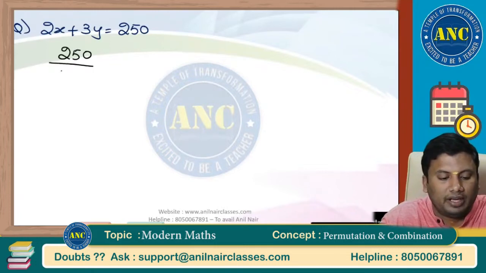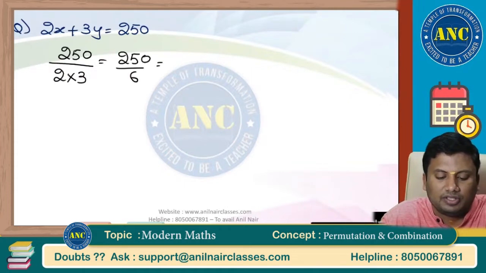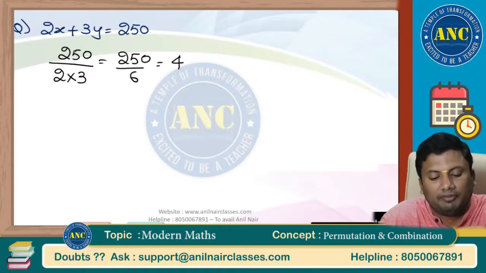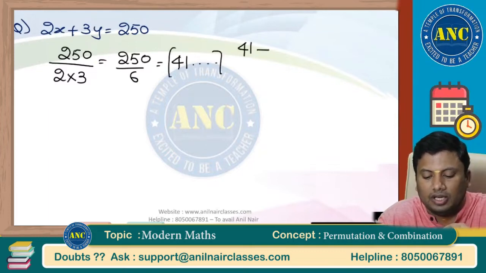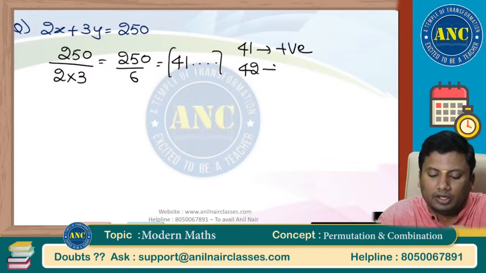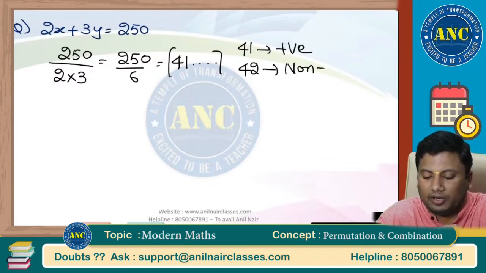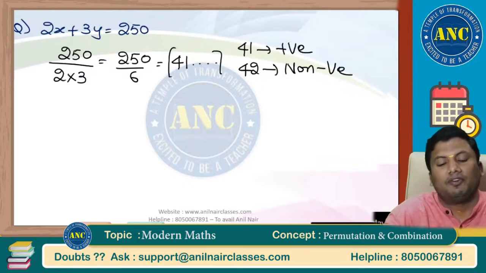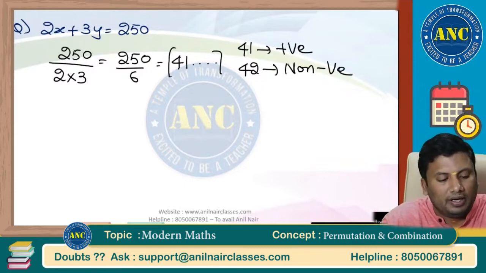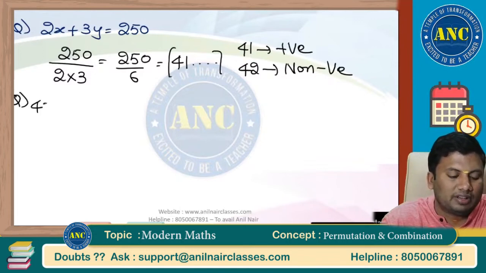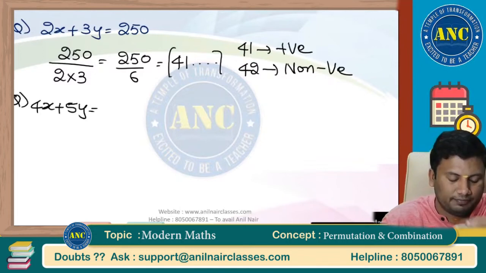So 250 by 6, which is nothing but 6 fours are 24, 41 point something. Ignore the decimal. So 41 will be positive. Add 1 to it. Directly by looking at the question, you will get the answer. 42 will be non-negative. No need of counting. Within 5 seconds, you will get the answer.